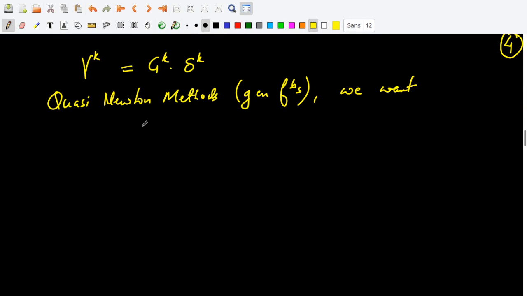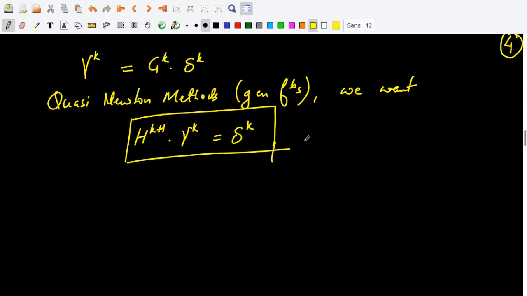So I'm going to choose H_{k+1} so that H_{k+1} times gamma_k is equal to delta_k. This is an important condition, so we give it a name, the quasi-Newton condition.